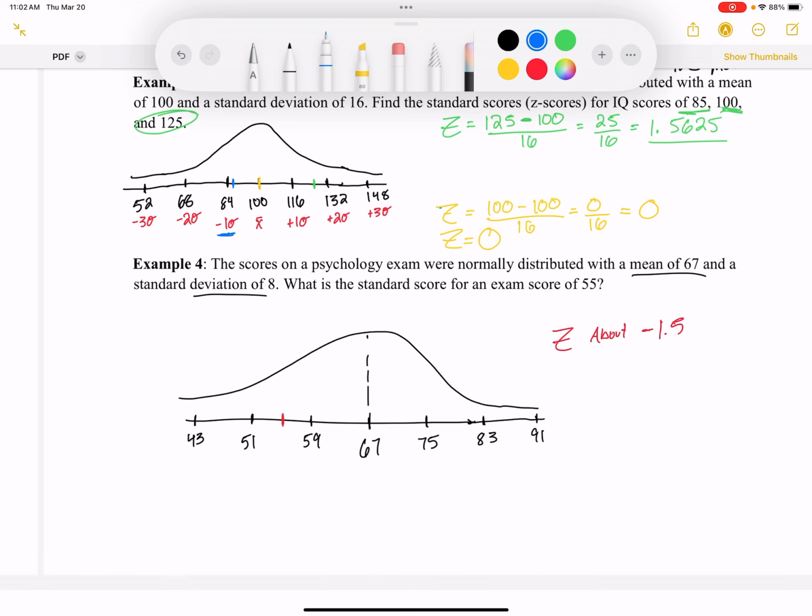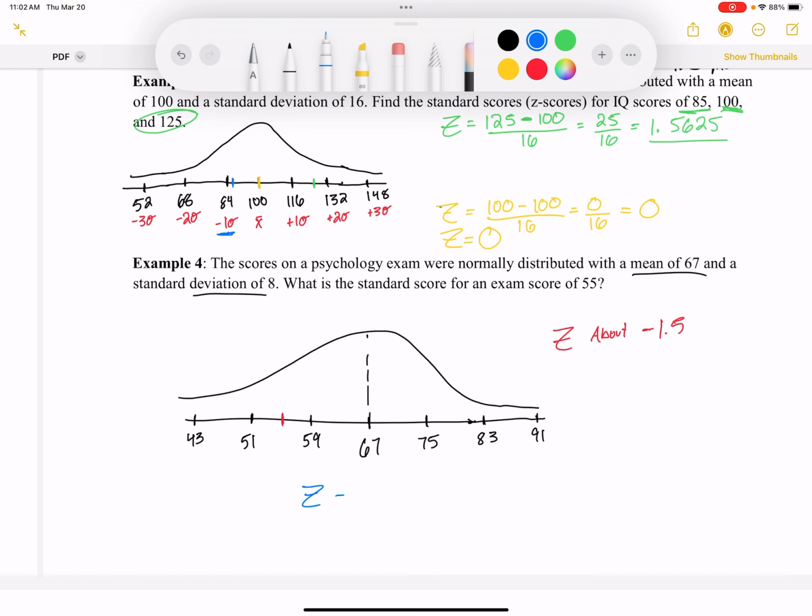All right, so let's see. My z-score is equal to my data point, 55, subtract my mean, 67, divided by my standard deviation, 8. 55 minus 67 is negative 12, divided by 8.